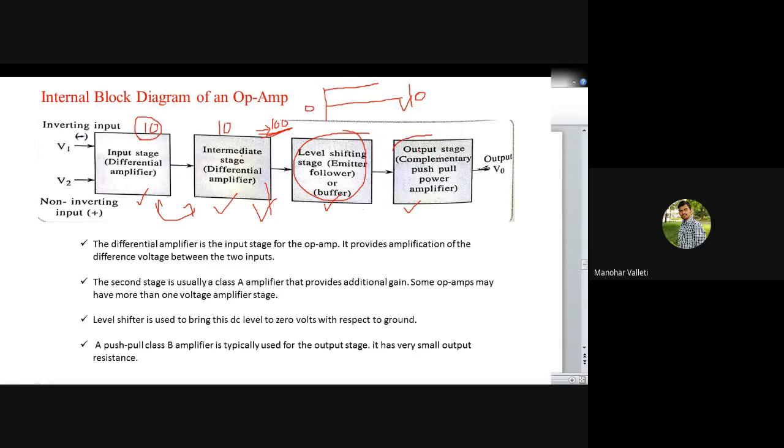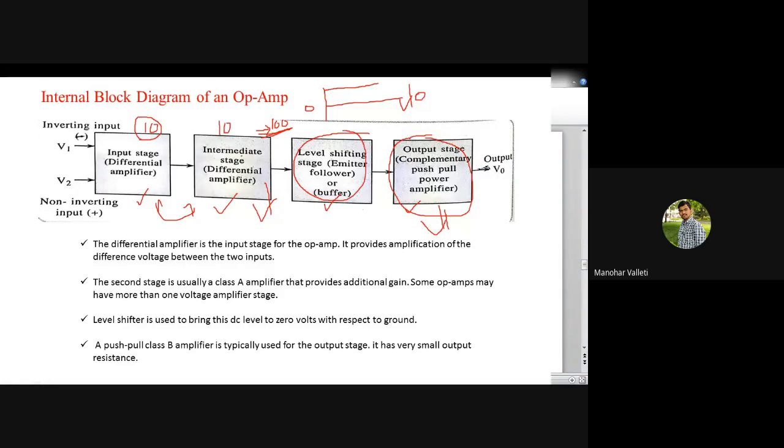And the final stage of the operational amplifier is the complementary push pull power amplifier. Generally, for any system, the final stage is very important. Till now we increased the signal voltage level, but that has to be properly given to the load.